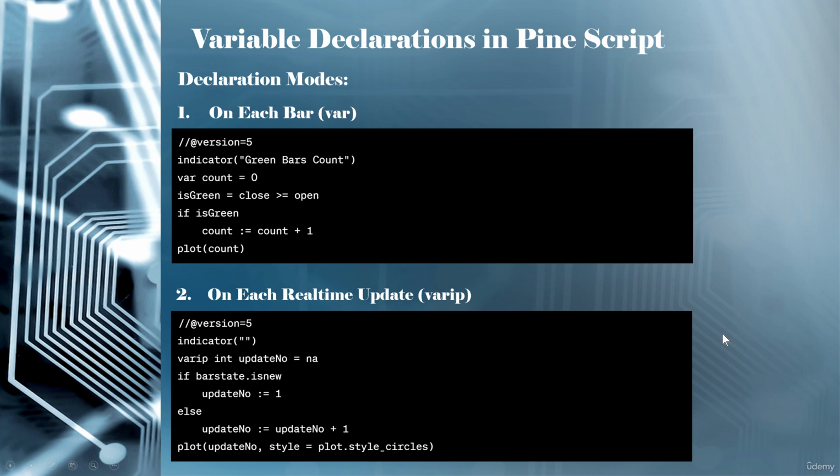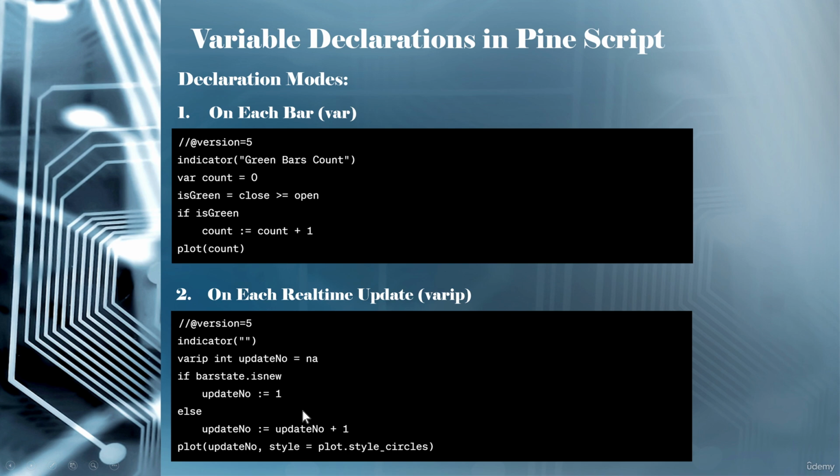Let's review how it works now on each real-time update declaration mode, where we use the varip keyword. It works this way, like in this example. When barstate.isnew is true, meaning on the very first tick in the real-time bar, this variable, update number, gets assigned the value of 1.